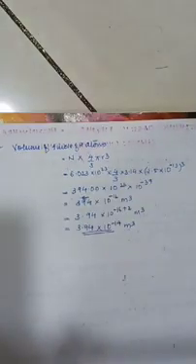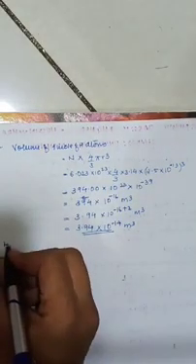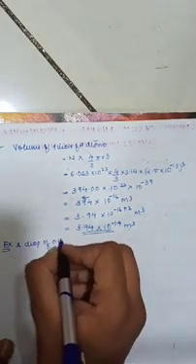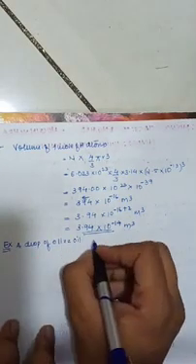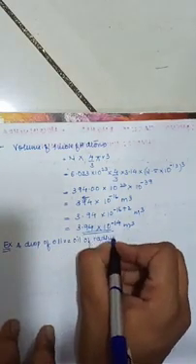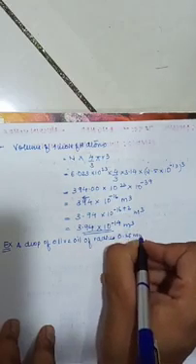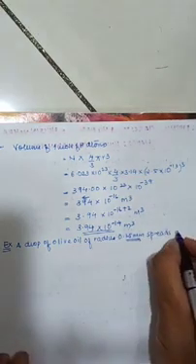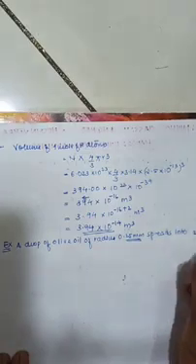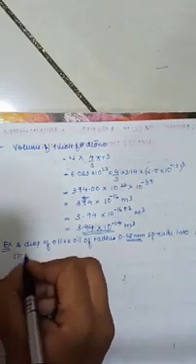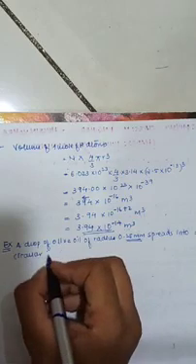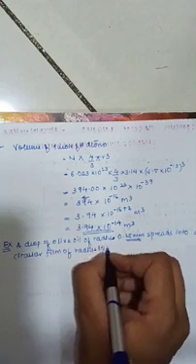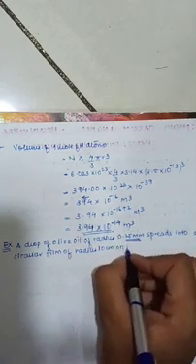Hope this is clear. Next we are going to see another example. A drop of olive oil of radius 0.25 mm spreads into a circular film of radius 10 centimeter on the water surface.